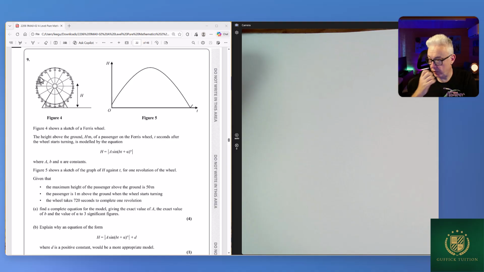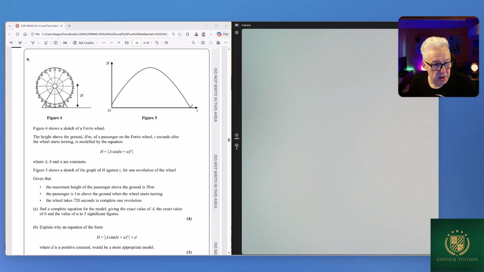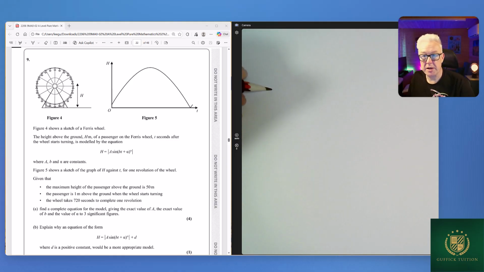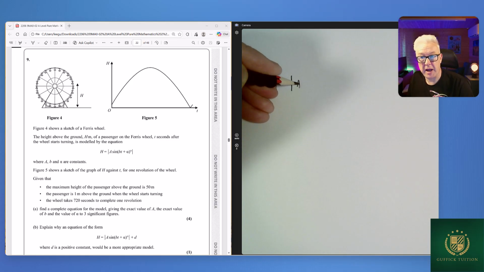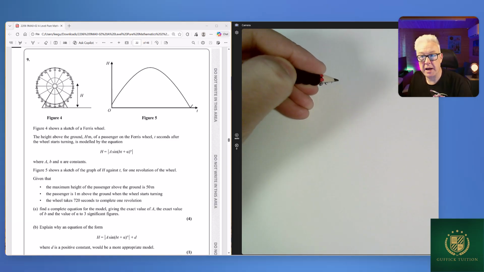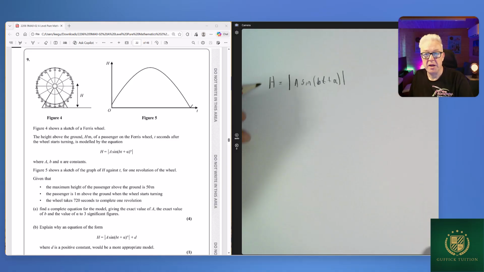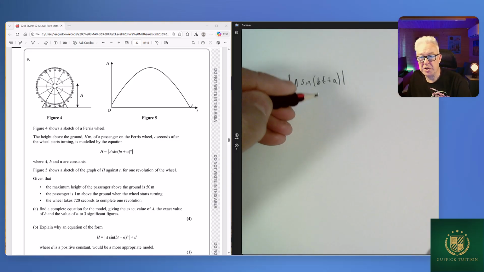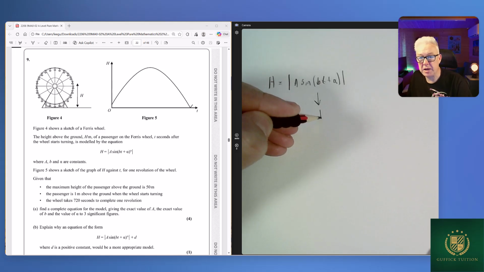So let's start off with some of the nice, easy, low-hanging fruit, as it were. The easiest information to get is we're told that the maximum height is going to be 50 meters. So in our equation, h is equal to the magnitude of A sine of bt plus alpha, we're going to have a maximum value of 50, which is going to occur when sine is equal to 1.